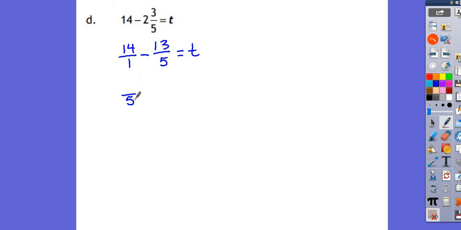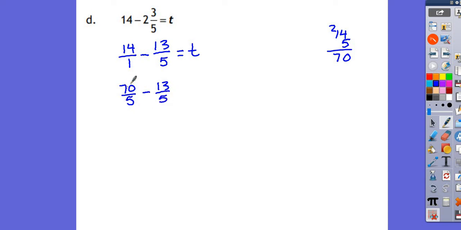So 1 times what gives me 5? 5. So 14 times 5. I need to know what that is. That gives me 70. So that changes to 70 over 5 minus 13 over 5.